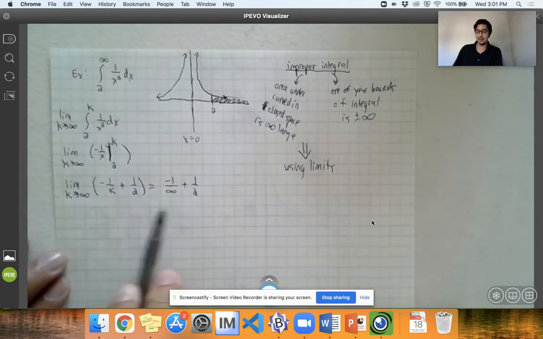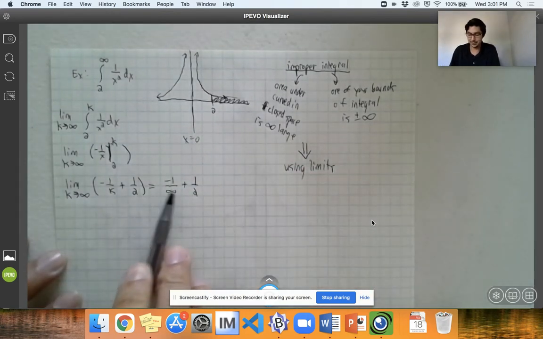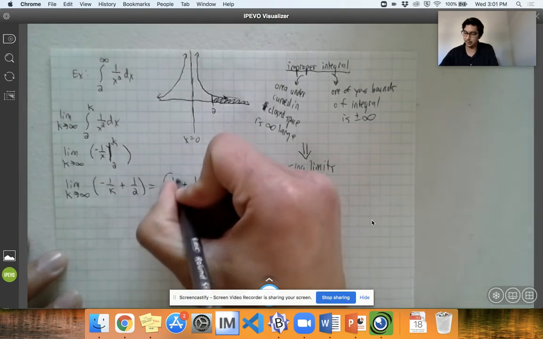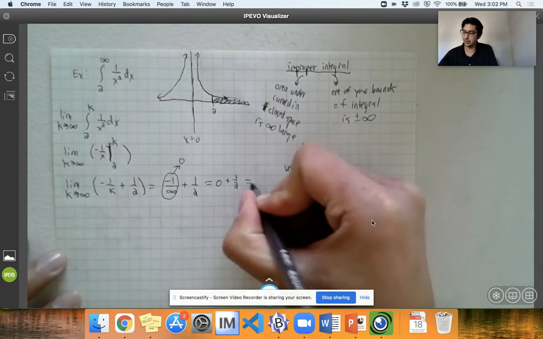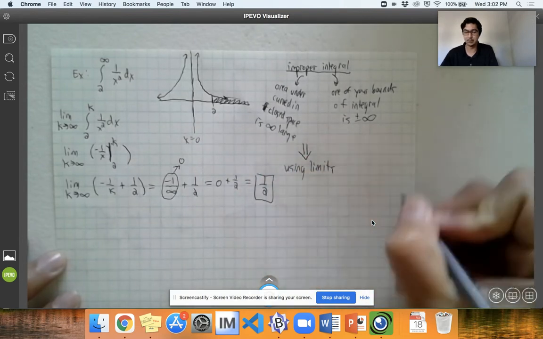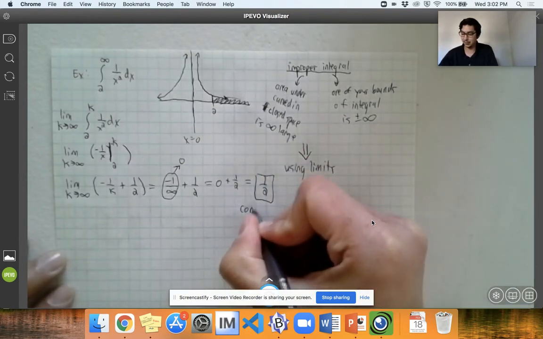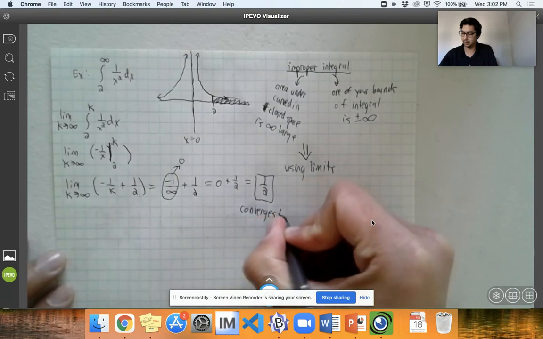But what's great about this is 1 over infinity, as that gets large, this whole thing approaches 0. So what we get is 0 plus 1/2, which is actually a half. Which means that this doesn't diverge, it converges to a half.